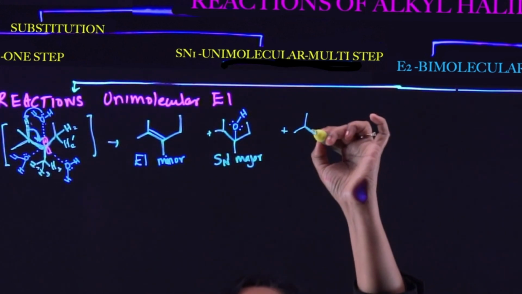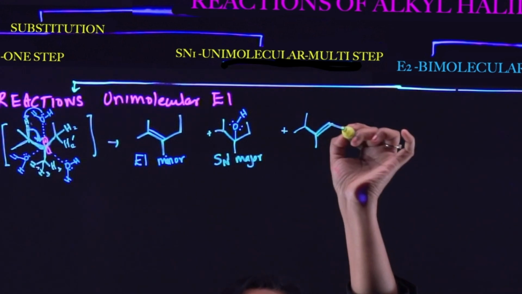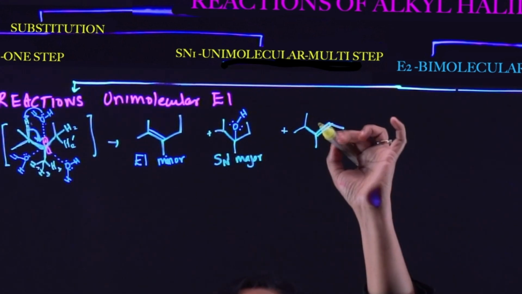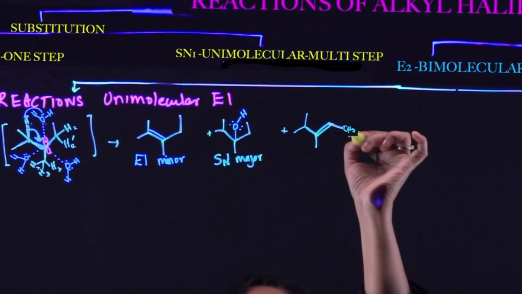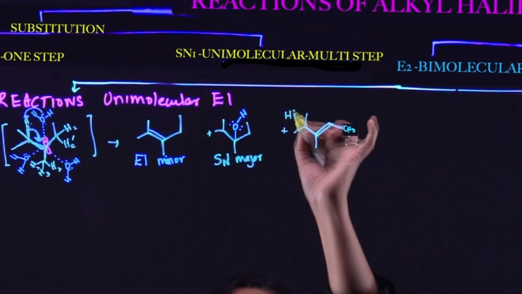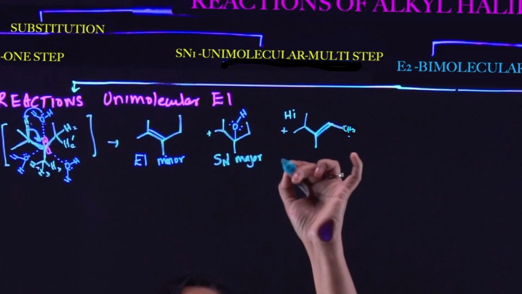And you can have a Z or an E. Because if you cut this in two, this is high priority and this is high priority. High priority groups on opposite side is going to be your E. So this is your E alkene.